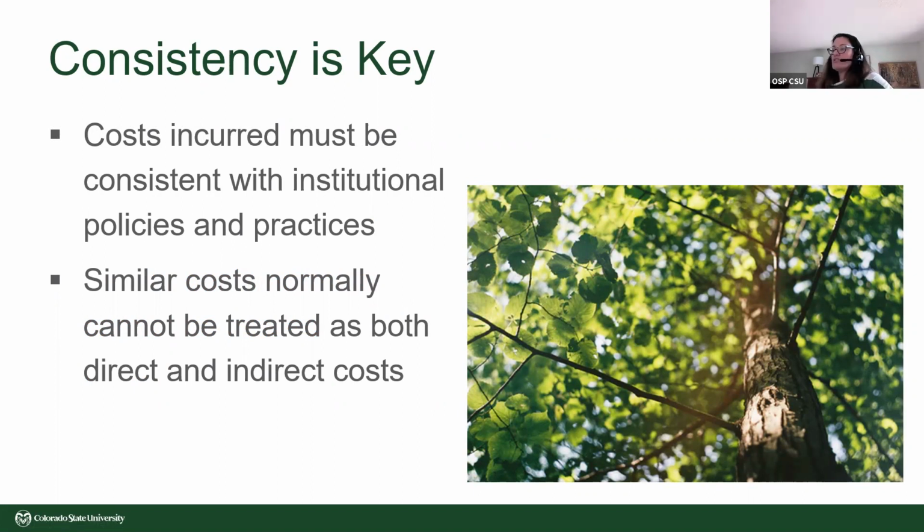And we should be treating cost as either a direct or indirect cost consistently, unless there is justification for doing otherwise. Administrative costs, we'll talk a little bit more about that. Typically, an administrative cost is an indirect cost. However, we know there are times that we charge direct costs for administrative salaries, because we have a good justification for that. So we should not be double dipping and treating the same costs as direct and indirect.